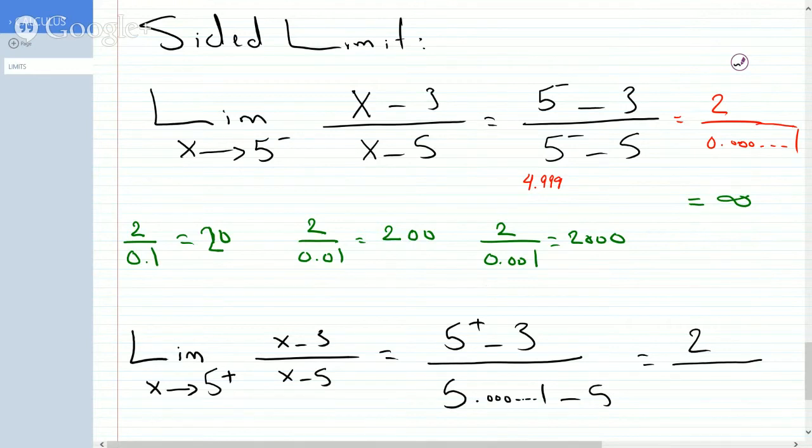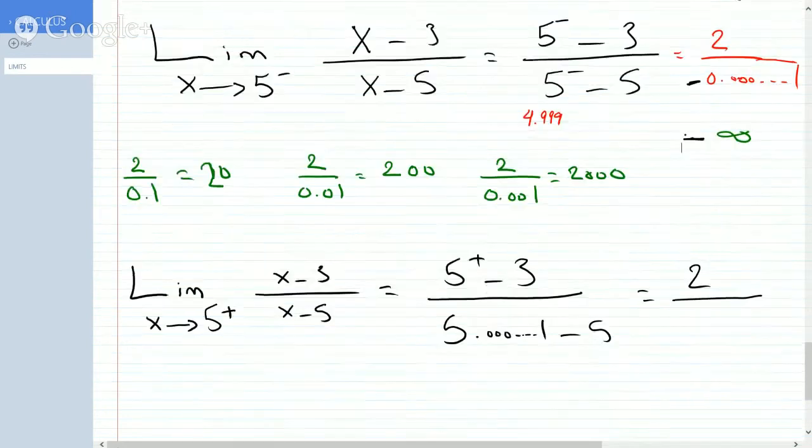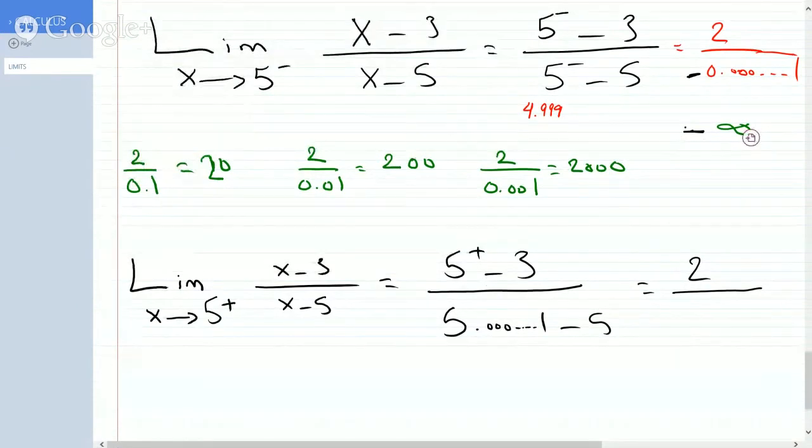Oh, wait. No, this is correct. But here we forgot the minus sign, because the 5 was bigger. So in fact we are getting minus infinity, not plus infinity. Sorry about that. You understand why? It's the same explanation, but you have that minus sign, which makes you minus infinity. Here we are getting a positive number, but very small, because 5.0001 is a bit larger than 5.